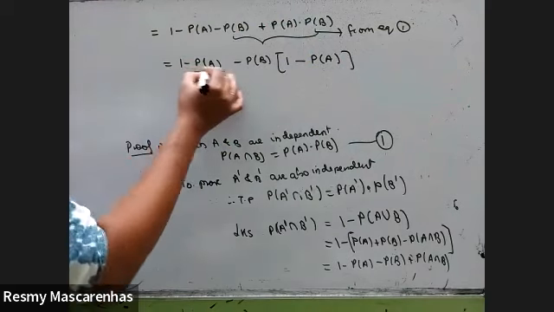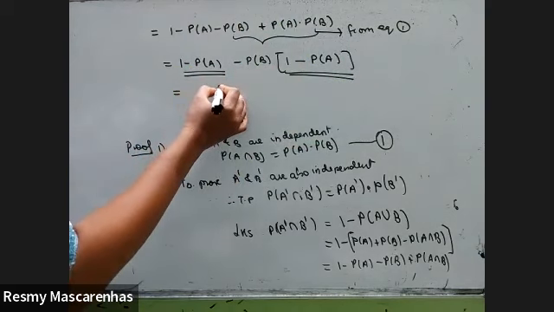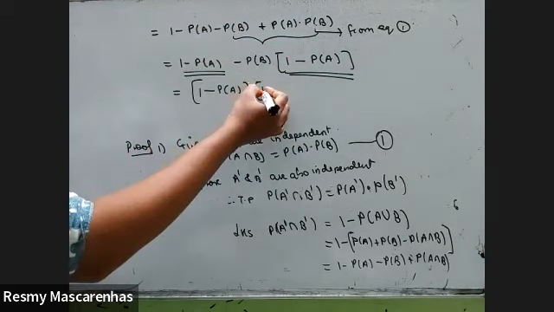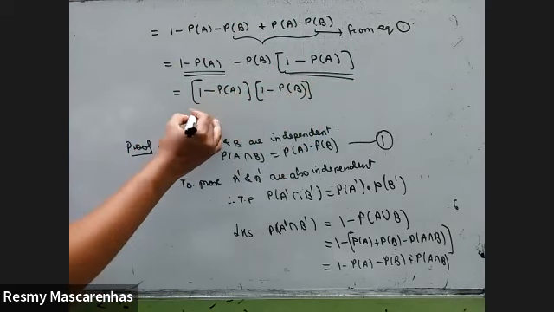Again, what is happening? This and this term is common. Instead of this, 1 minus P of A. What is 1 minus P of A?